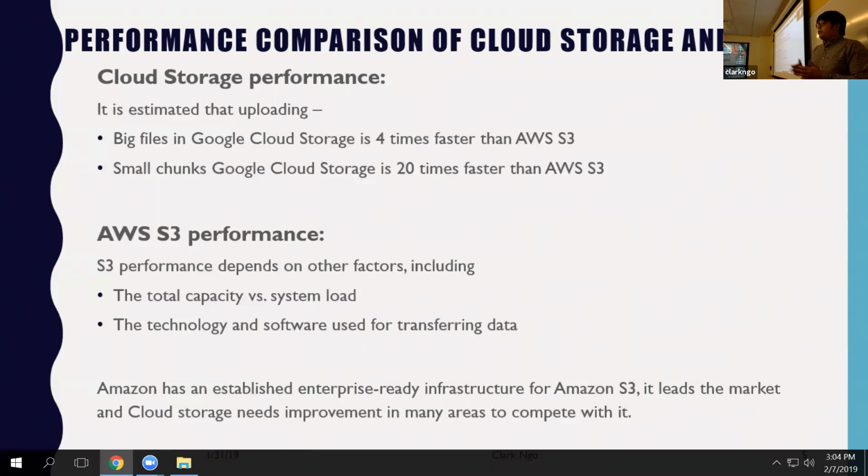So we're wondering, if Google Cloud is way faster, why is S3 more popular? The only reason is that AWS S3 has more enterprise-ready infrastructure. That's why. So I guess Cloud Storage needs to create more of that enterprise-ready infrastructure.